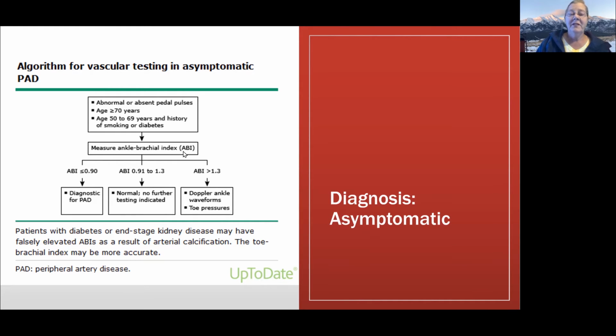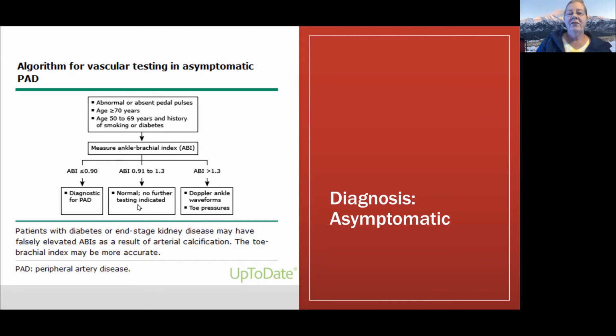And in just a few moments, a couple slides, I actually have a video of exactly how to do that. When you look at poor ankle brachial indexes, you can see that it's diagnostic for peripheral arterial disease. If it's pretty normal, no further testing is indicated.